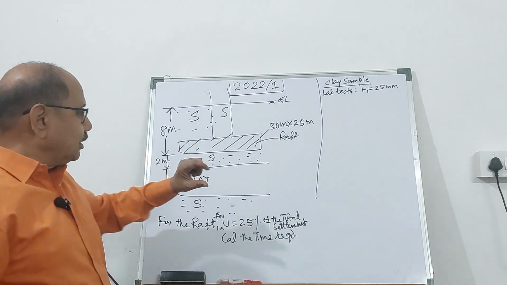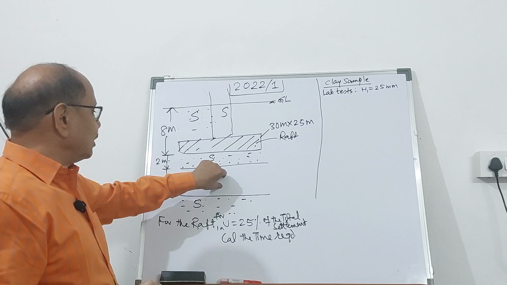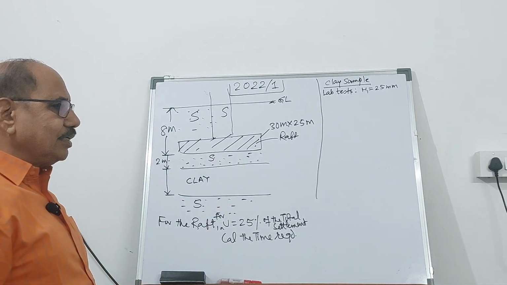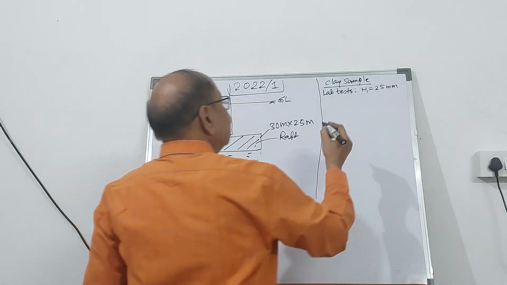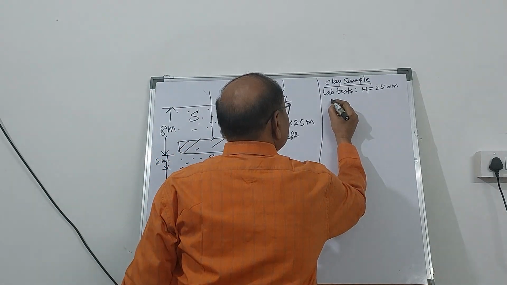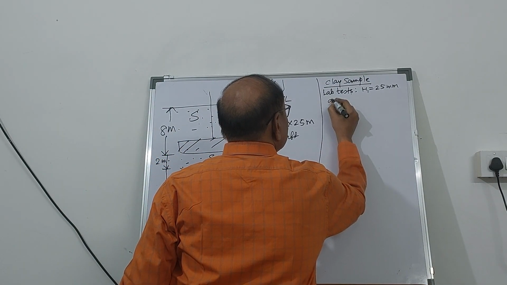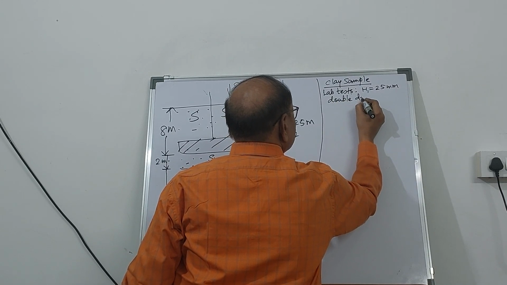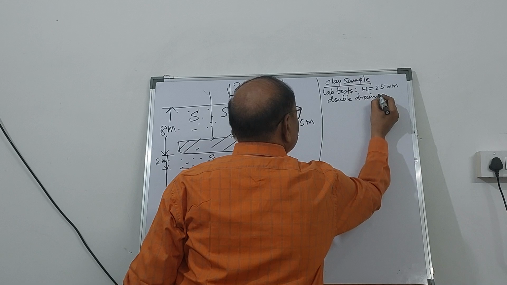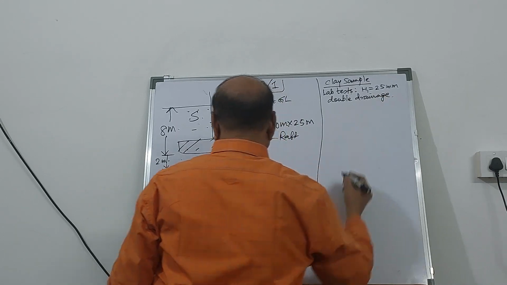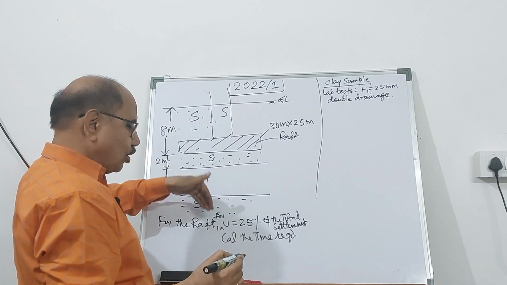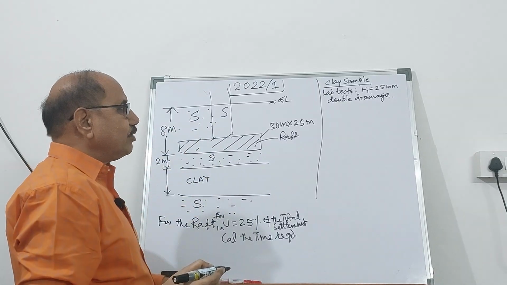So you have collected from the center of this clay, and the thickness is given over here, and the consolidation test has been carried out for double drainage, because you have got sand at the top of the clay and bottom of the clay. It will lead to double drainage.